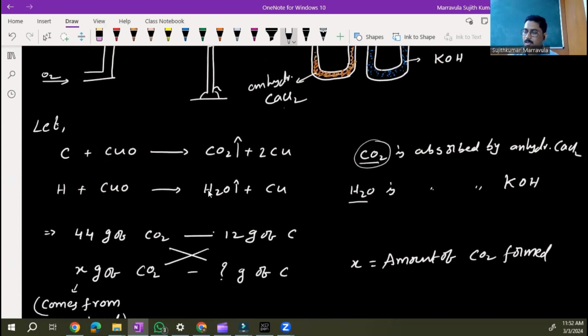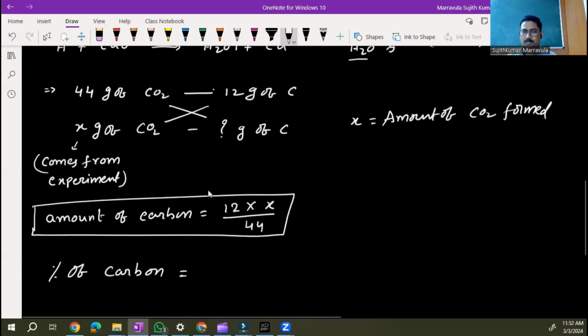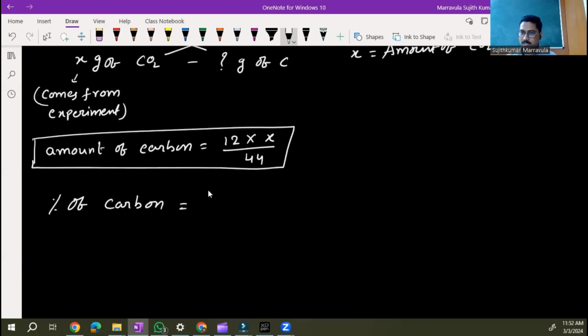Let the weight or amount of organic compound be W grams. Let's consider it like that, because the total amount of the organic compound is W grams, and in that the carbon contains this much weight.